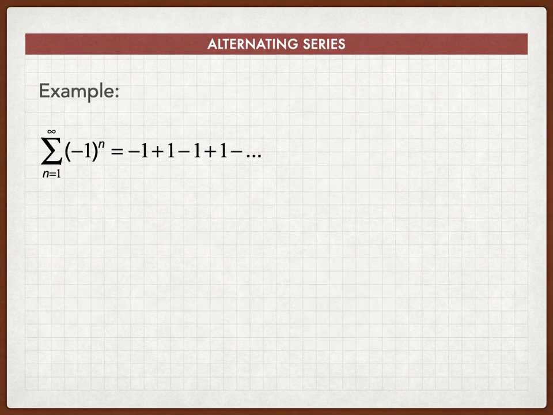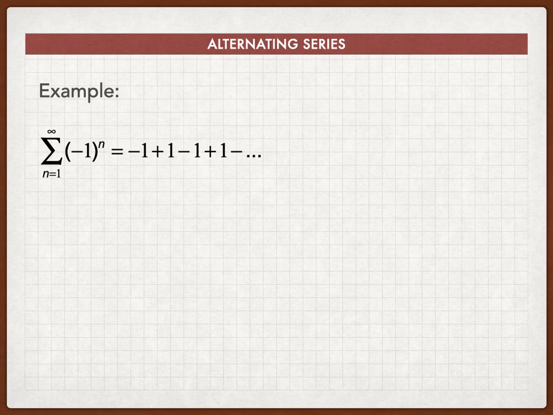Here's another alternating series example. (-1) to the nth power. As always, we should write a couple of terms. -1, plus 1, minus 1, on and on. The first partial sum is the first term, -1.